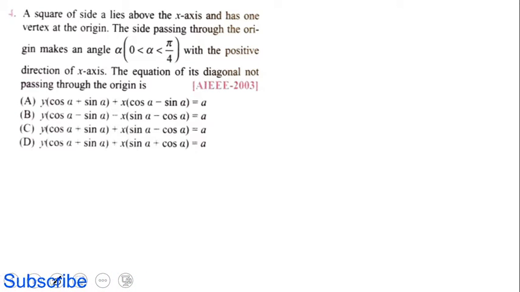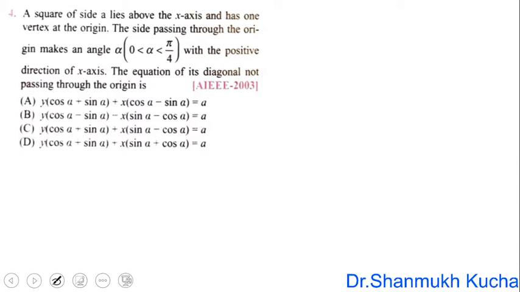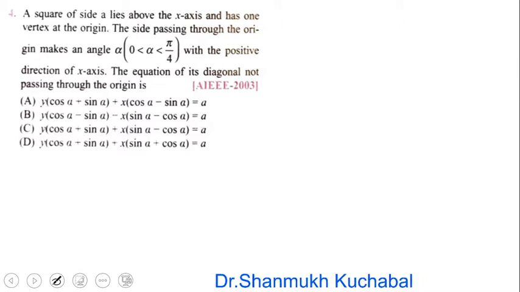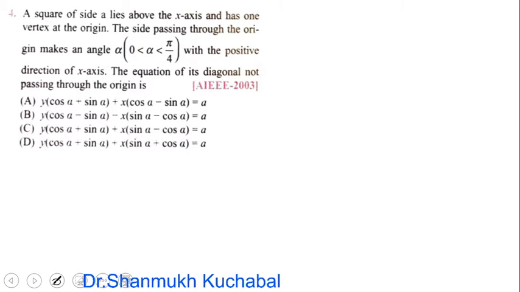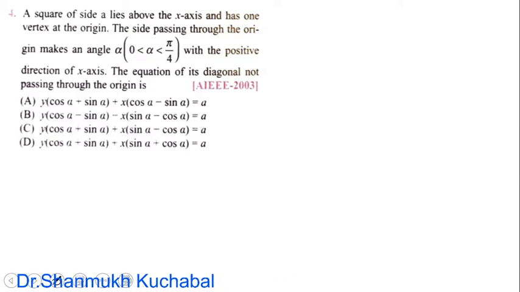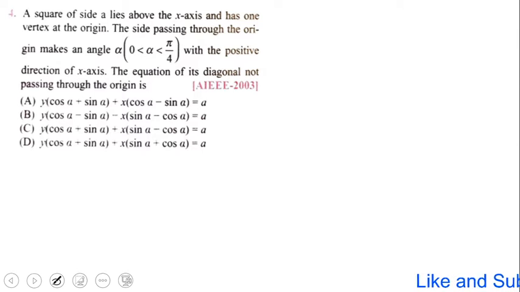The side passing through the origin makes an angle alpha, where alpha is greater than 0 and less than pi by 4, with the positive direction of the x-axis. The equation of its diagonal not passing through the origin is, so we have to calculate here the equation of the diagonal which is not passing through the origin.